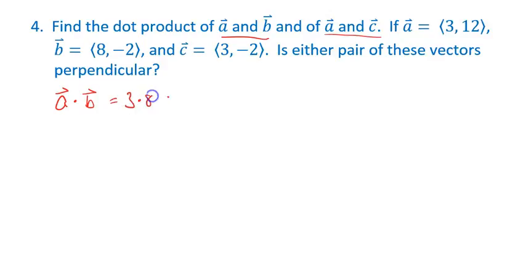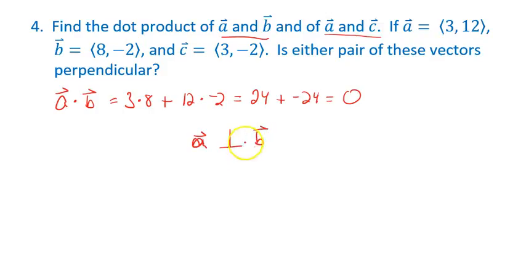So 3 times 8. Add, and then multiply the second two numbers. So 12 times -2. Well, 8 times 3 is 24, and 12 times -2 is -24. And so when I add those, they do end up to be 0, and that tells me that vector A is perpendicular to vector B. So yes, these are perpendicular.